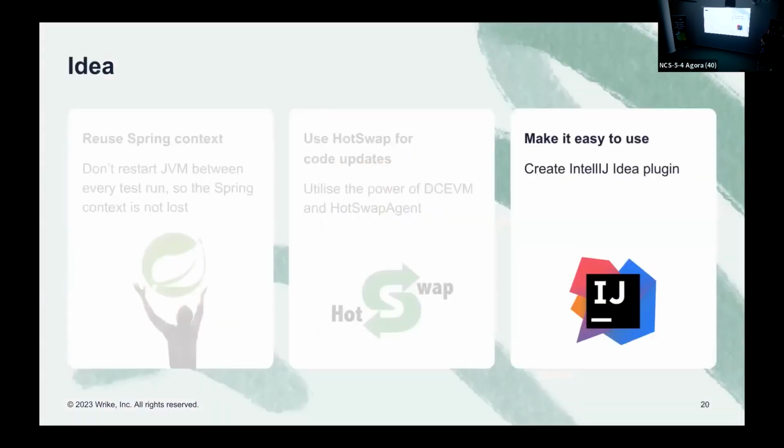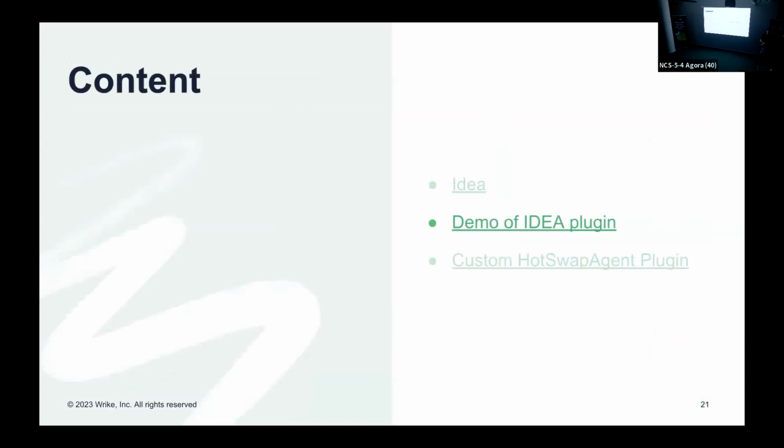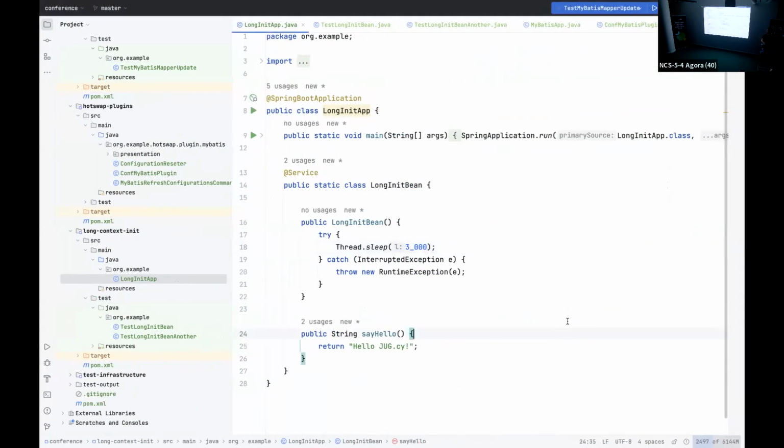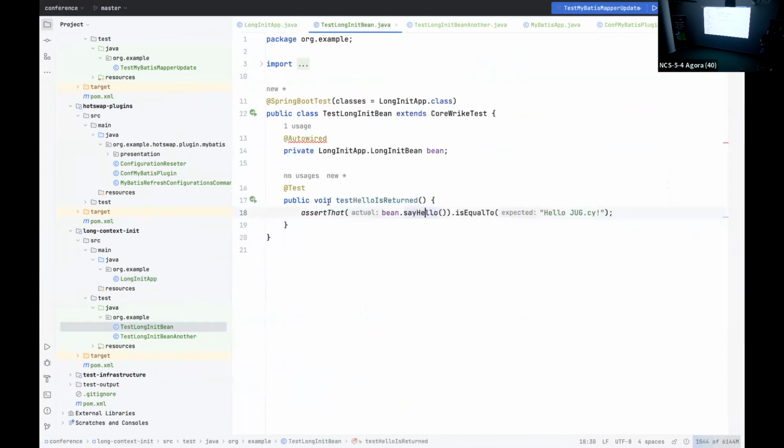And the final part left here is the plugin, and finally, demo time. So here I have a small Spring Boot application, I hope it's readable, with one bean in it. And in the constructor of the bean, I placed a thread sleep for 3 seconds to simulate a long context startup. Now proceed to the test, and let's say we want to run tests from this class.